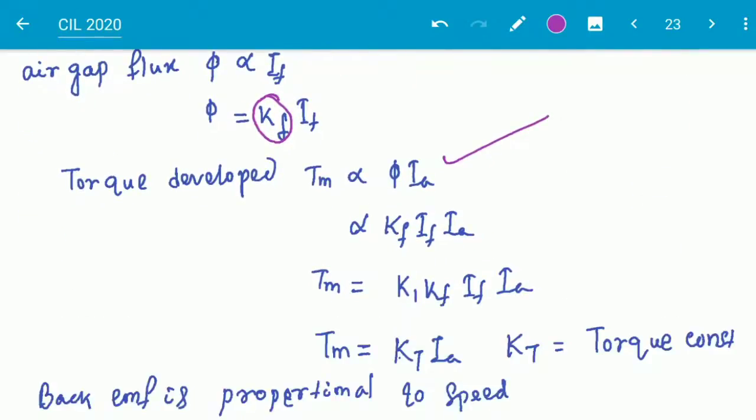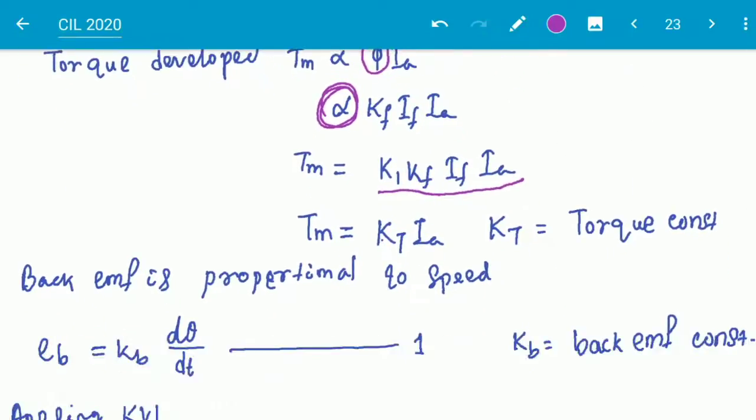We can replace phi from here, then we get Kf into Ia. We can replace this proportionality sign with an equal sign by multiplying a proportionality constant K1, and now the whole term becomes K1 Kf IF Ia.